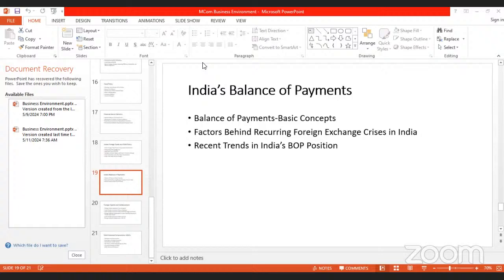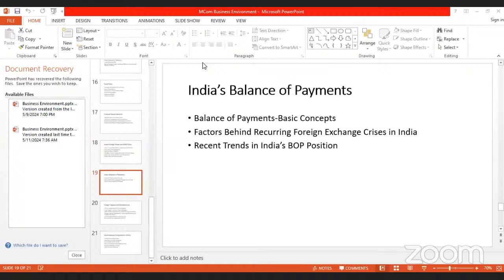So the factors behind reoccurring foreign exchange crises in India. India has faced several foreign exchange crises primarily due to the following factors. So what are these factors? The very first thing is high import bills, on oil imports and gold imports.